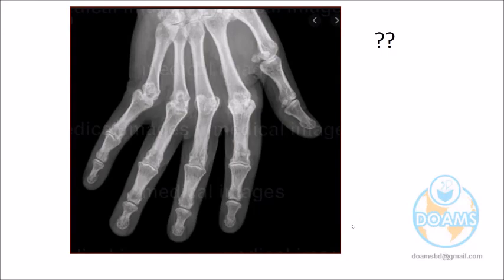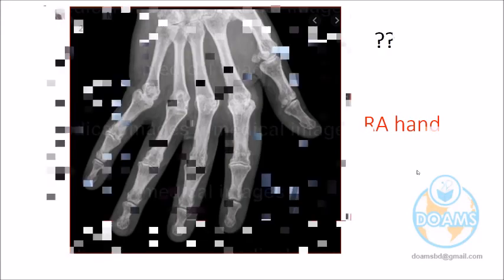Not involving distal. Distal intact. Good. You see the effect of 3 times, always beneficial. In the rheumatoid hand, you identified the deviation, but just look, the distal interphalangeal joint is intact. So this is rheumatoid arthritis.